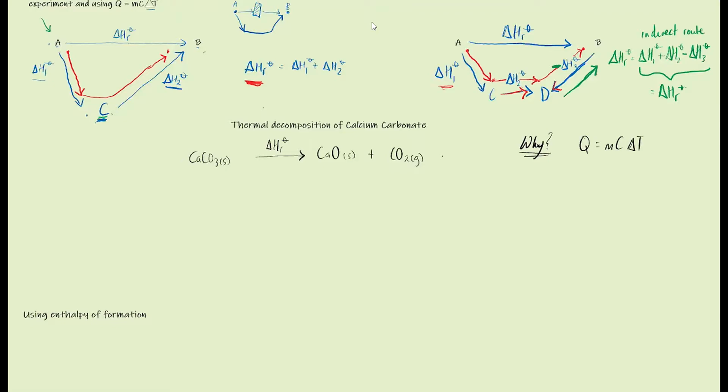Well, this is a thermal decomposition reaction, and thermal decomposition means it is endothermic. That should mean that I should get a temperature change that is going down, it's decreasing. Now, hopefully you've done this at school and you've tried to decompose it. And the way we decompose it is we get a test tube, we fill it with calcium carbonate, we heat it.